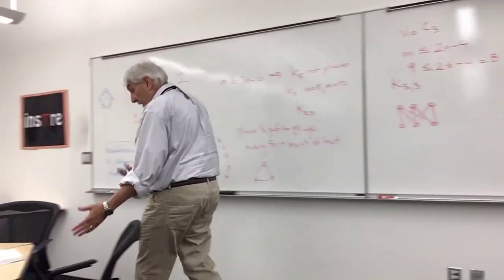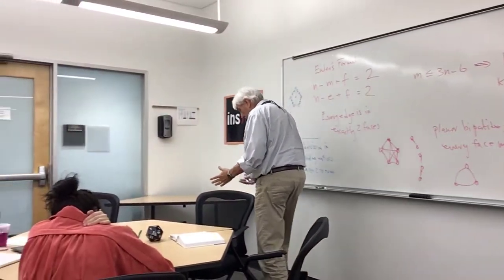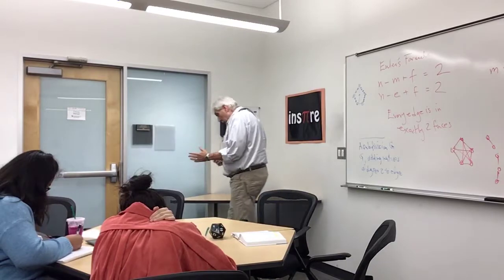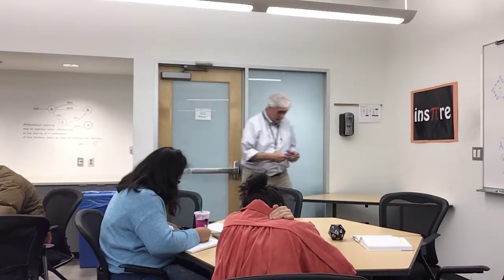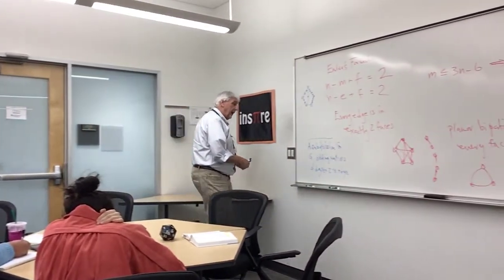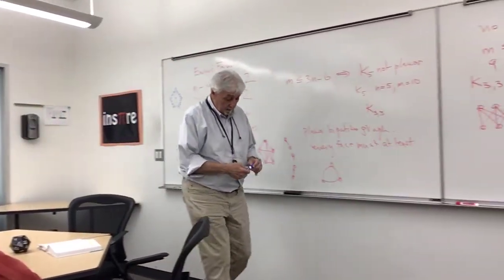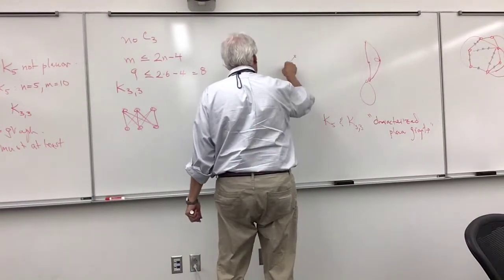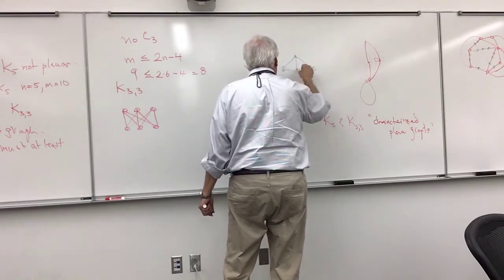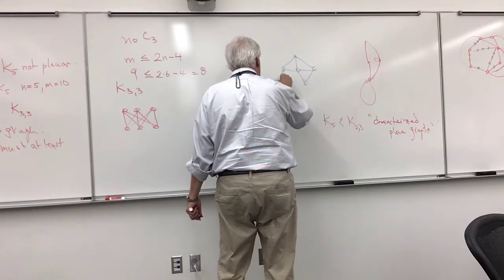So that's Kuratowski's theorem. Now, in the 30s, people thought that was the key to the four-color theorem. Remember, take any planar graph that doesn't have one of these. Here's one of my favorite planar graphs.